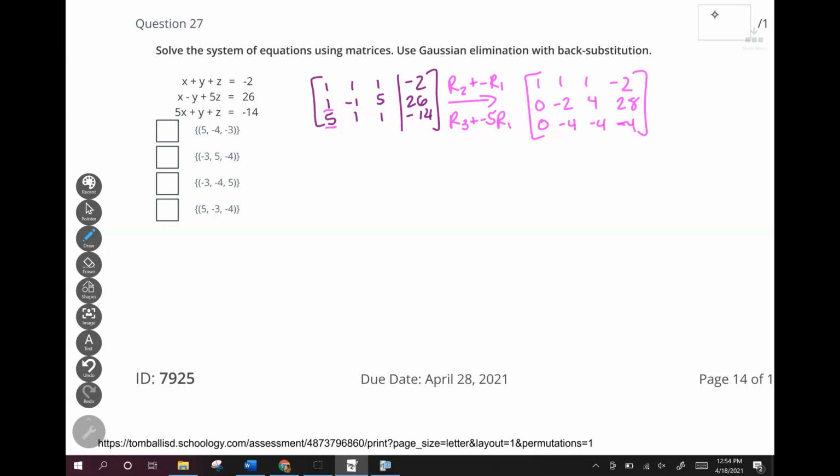All right, and then I'm going to multiply row 2 and row 3 to make both of those coefficients 1s. So I'm going to do row 2 times -1/2. I want my columns there to have 1s in them, so -1/2. Row 3, -1/4.